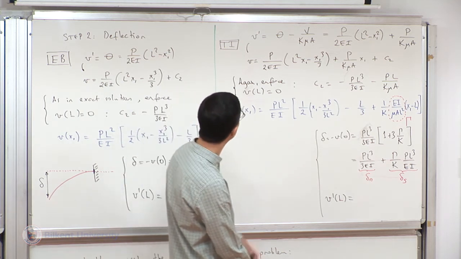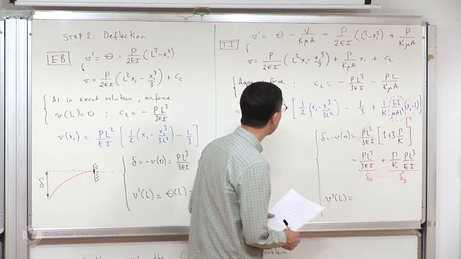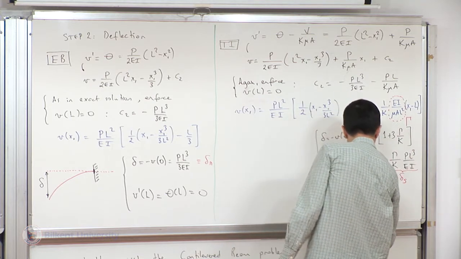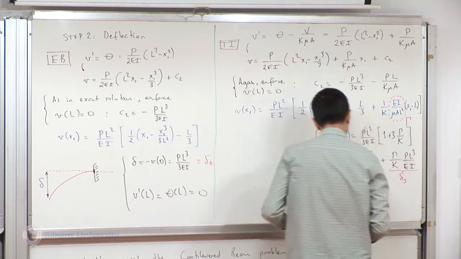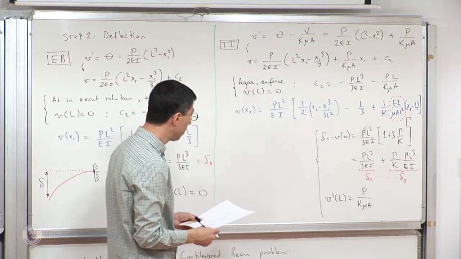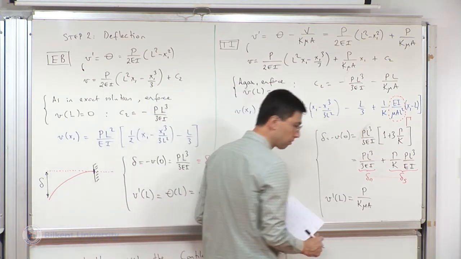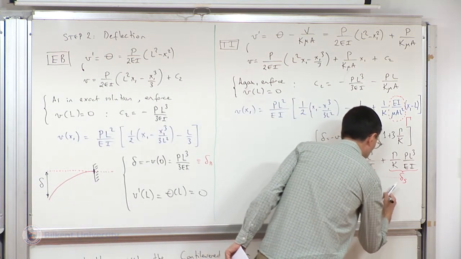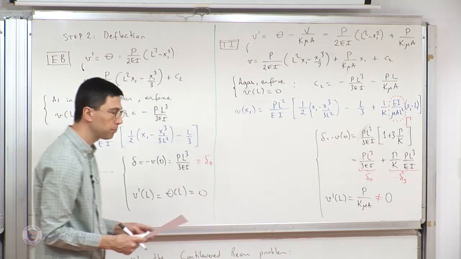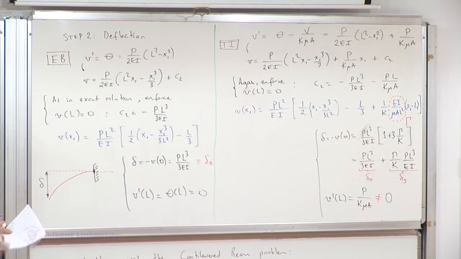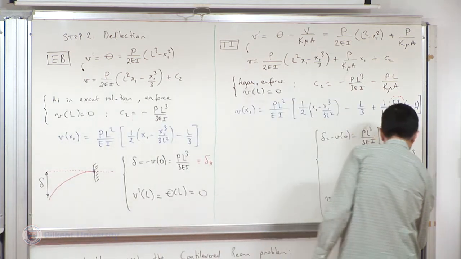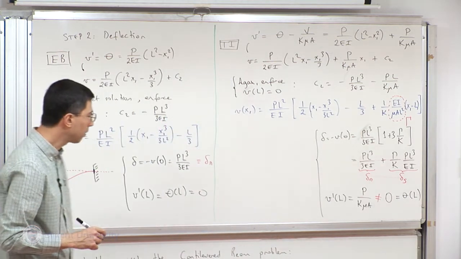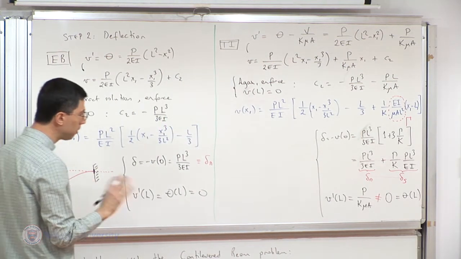So V prime L is something we can evaluate here, and it is simply equal to P over K mu A. And that is not, let me highlight, equal to 0. What is 0 is theta, which describes the rotation of the vertical plane. That is equal to 0. But V prime is not equal to 0.